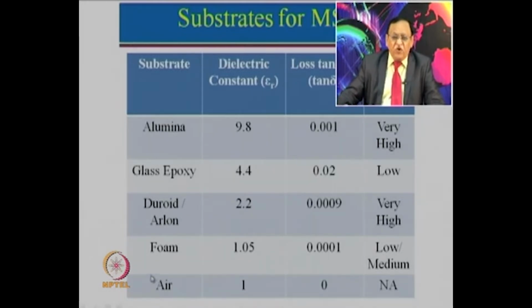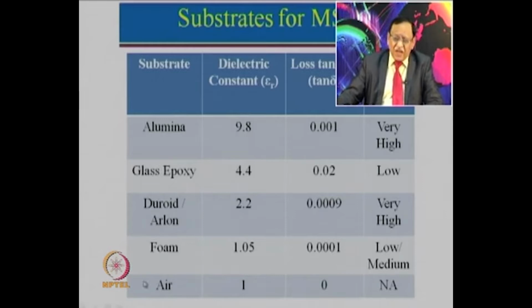We can use foam also. Foam has a typical dielectric constant of 1.05, and you can see the loss tangent is really very small. The cost of foam is in general very low, but if you want graded foam, then the cost is about medium. And of course, the best material is air. Air has a dielectric constant of 1, loss tangent is actually 0, and you do not have to pay for the air, right.